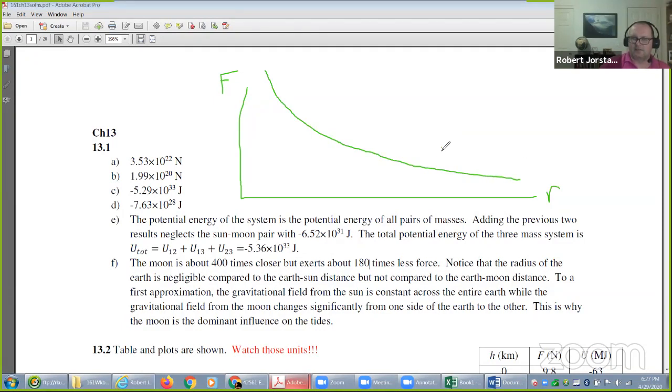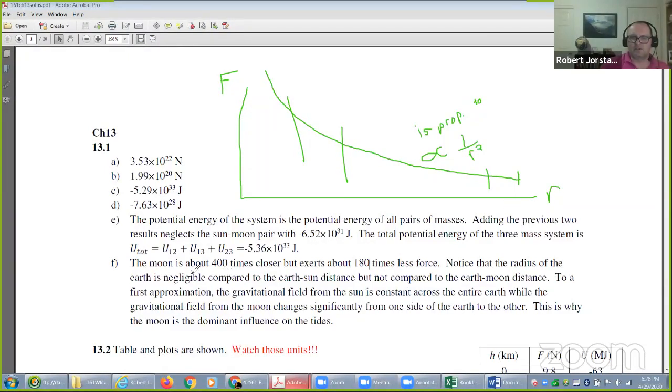This is not alpha. This is called is proportional to. It looks like alpha, but it's is proportional to 1/r². And notice the force changes dramatically for small radius, and it doesn't change dramatically for large radius.